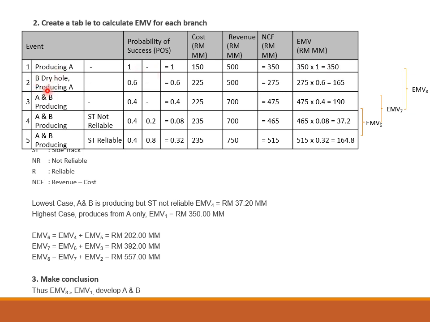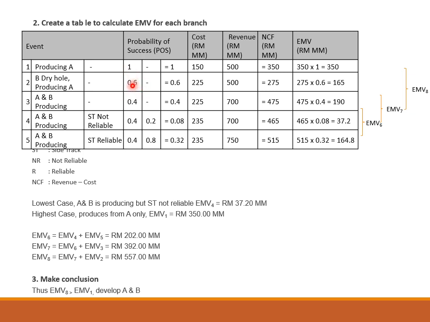So for the second branch to produce both A and B, you have two probabilities, whether B is producing or B is a dry hole. There's a 40% chance of it producing, right? So that means it's 60% chance that it is a dry hole.